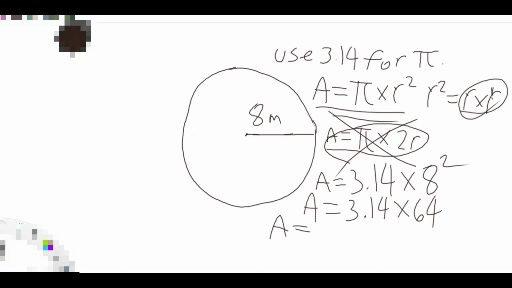You could use a calculator, or you could solve it by hand, but let me use a calculator. So 3.14 times 64 equals 200.96.